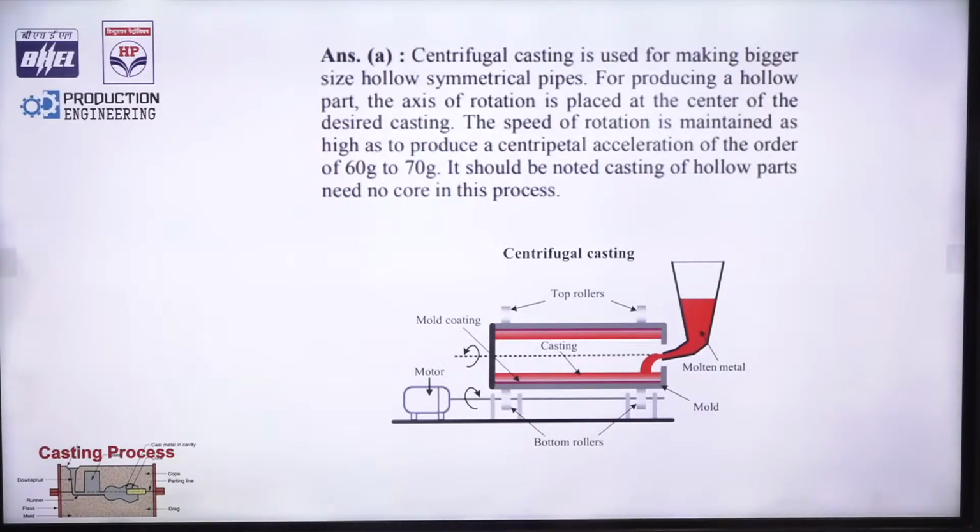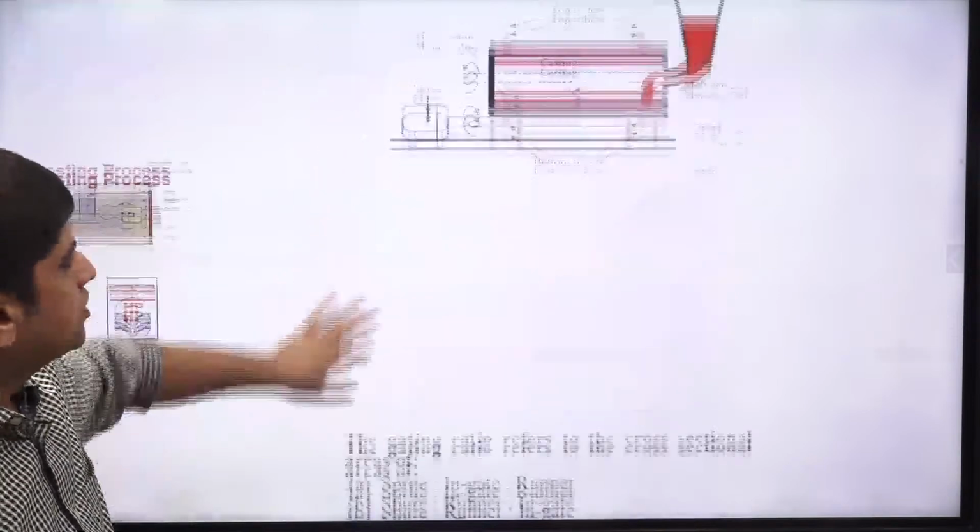The axis is rotated, and very high centripetal acceleration is given. Right, so this is a motor which makes it rotate. So this is centrifugal casting.